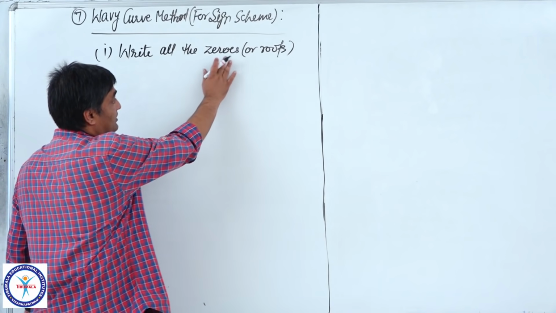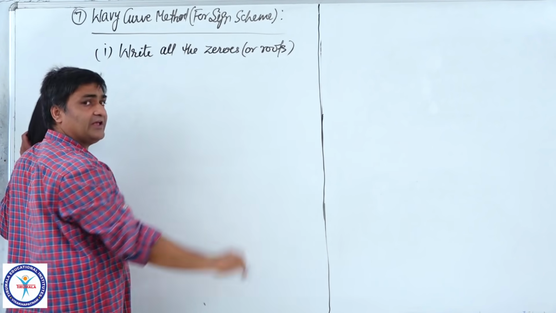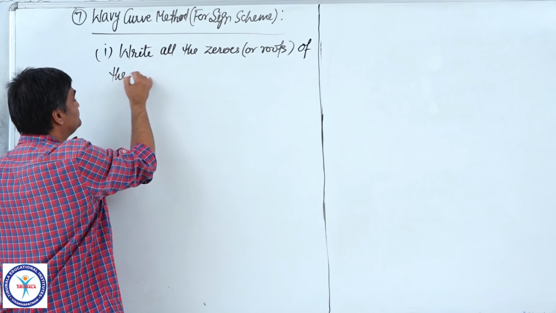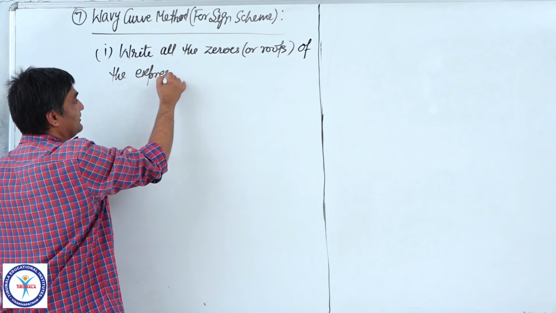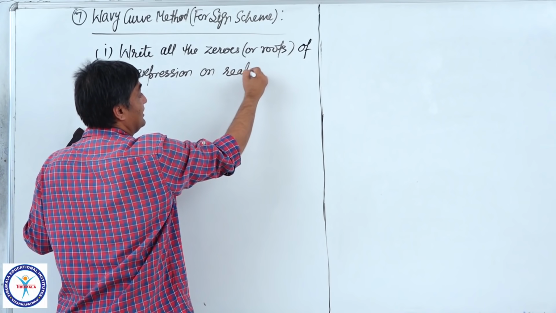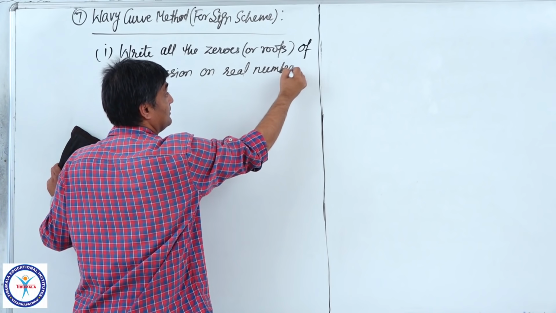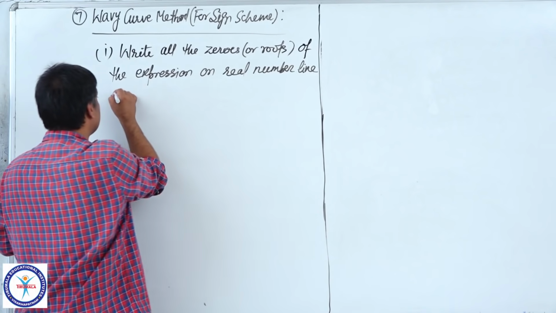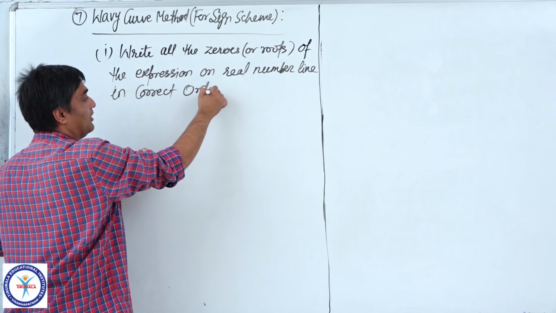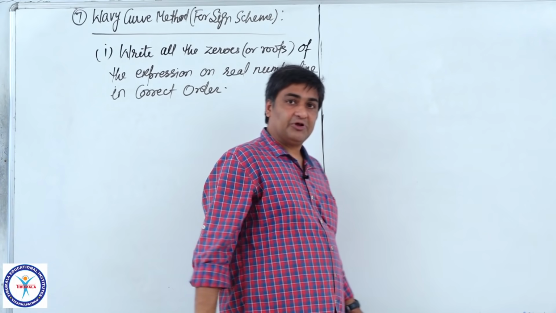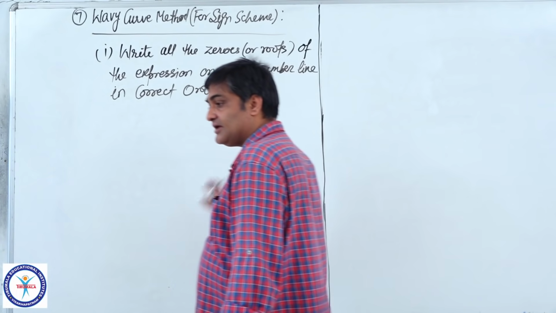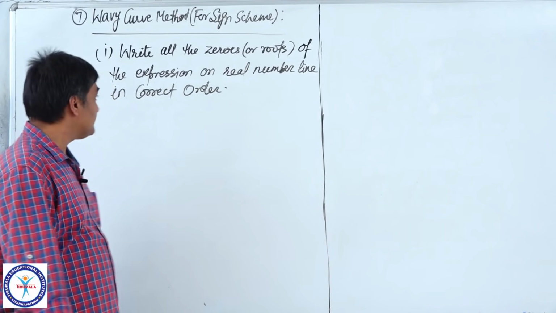So, write all the zeros, or we can say roots, of the expression on the real number line in correct order. First step, decide all the roots and write them on the number line.